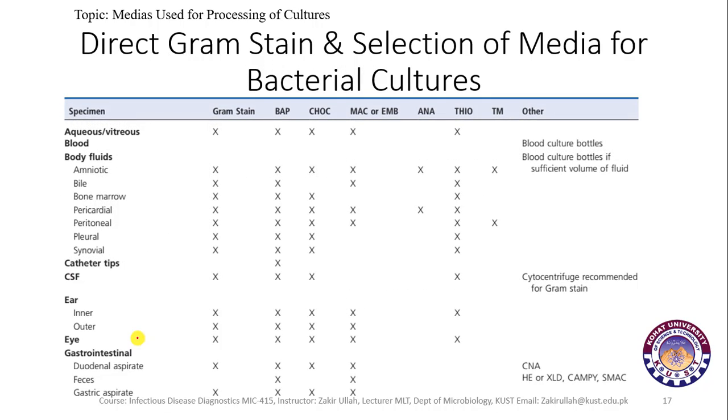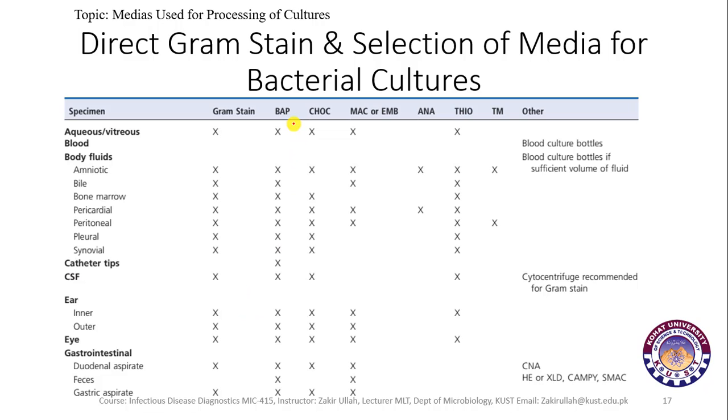Now let us have a look at this chart, which shows us the different types of specimens and the selection of culture media for different specimens and direct gram stain. This is the list which shows the different types of specimens, and whether the direct gram stain is performed or not.